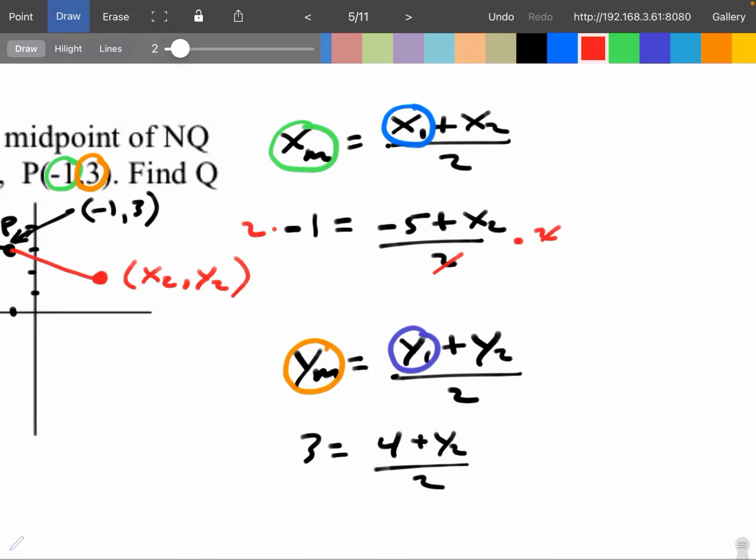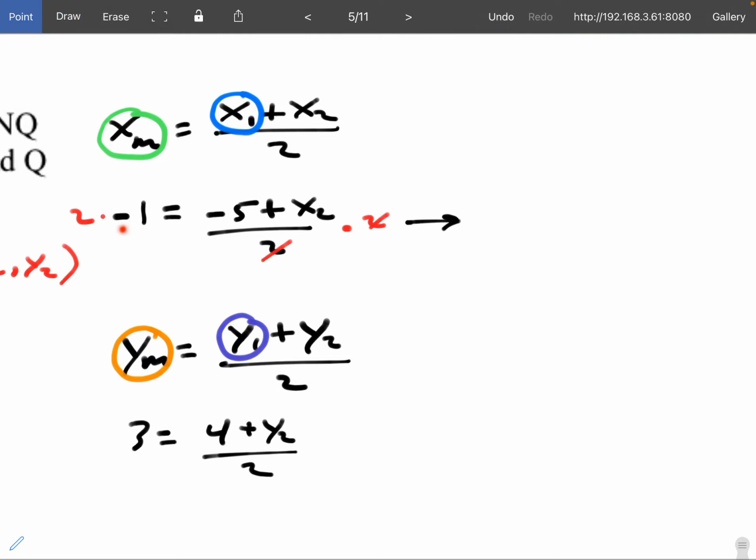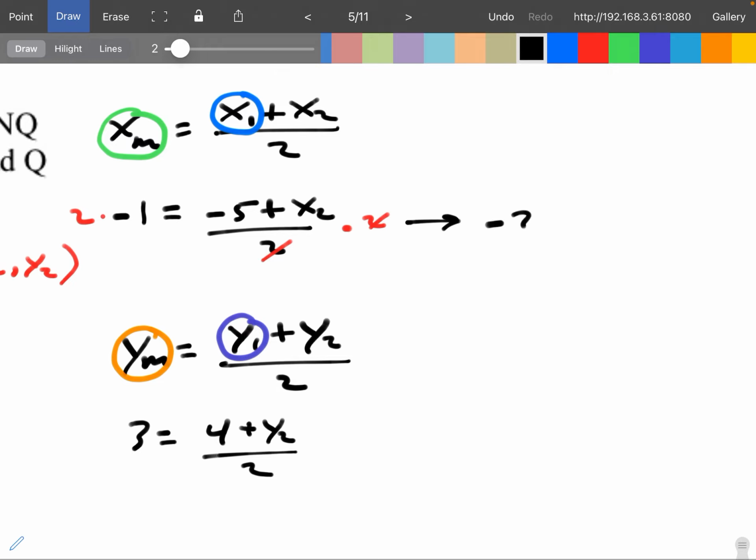All right, now we just got to solve both of those little mini equations we wrote. So how would you solve this one? What's the first step? Yeah, we got to get rid of that 2 on the bottom. So we're going to multiply both sides by 2, and then these 2's will cancel. So now on the left-hand side, I've got 2 times -1, so that's -2.